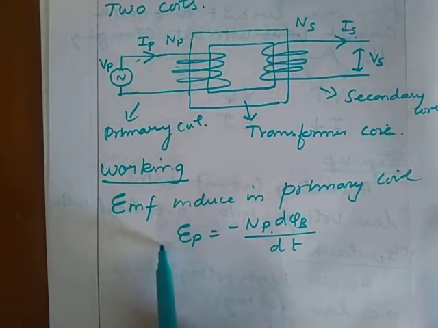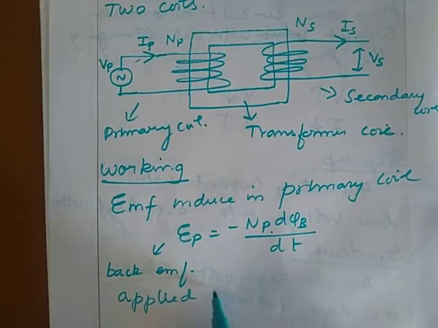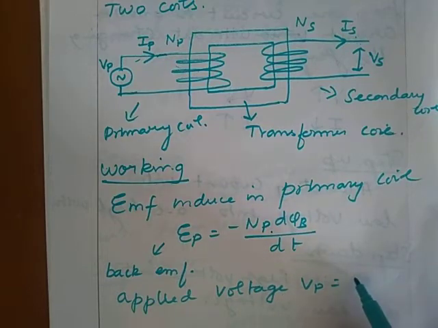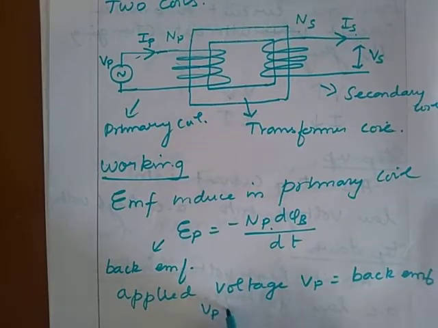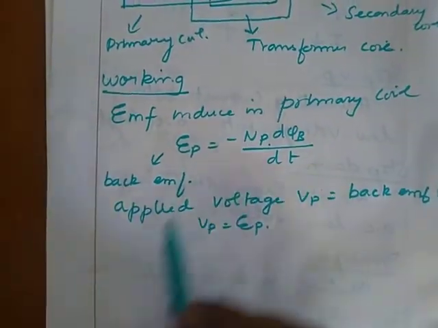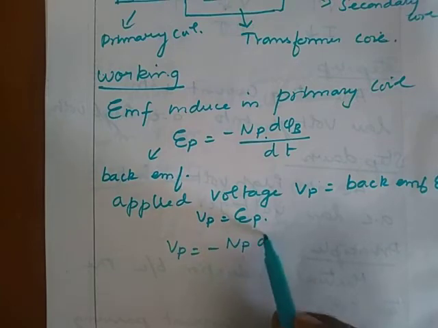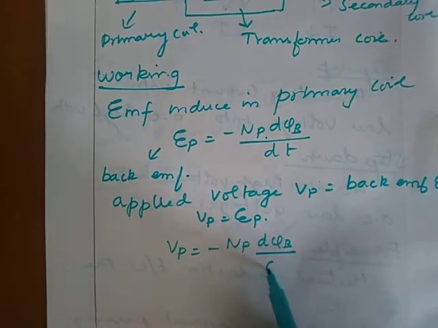This is also known as back EMF. The applied voltage V_p is equal to back EMF ε_p, so we can write V_p is equal to minus N_p dΦ_B/dt.